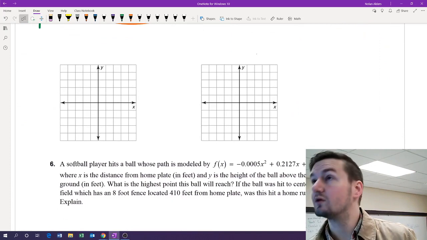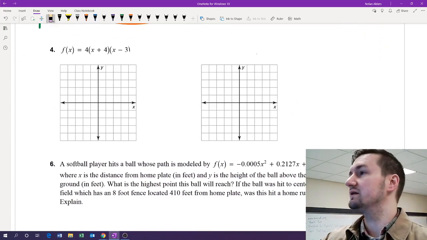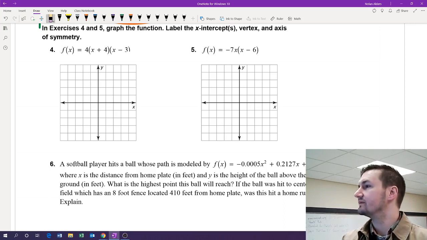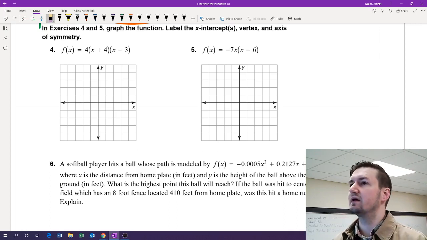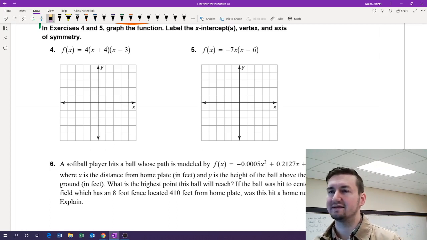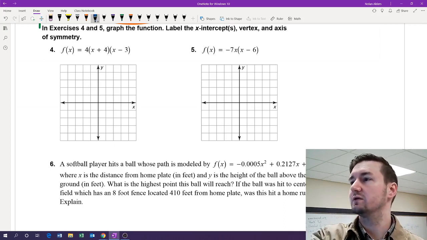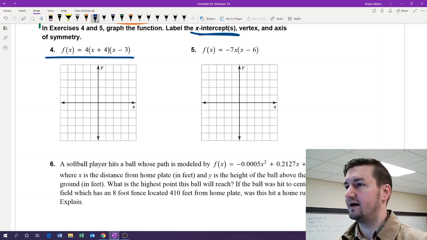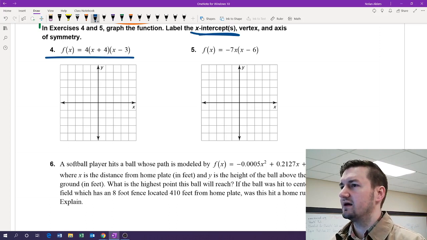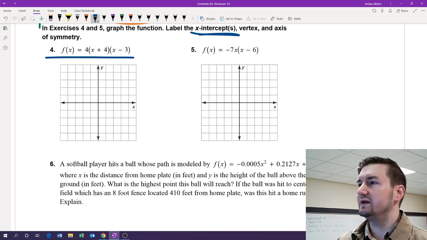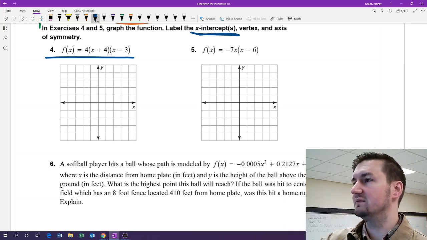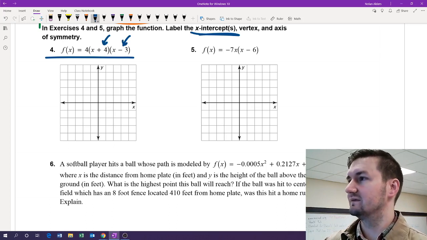I want to show you one more thing before we call it a video. If you have a function written like this example number 4, then we can also figure out what the x-intercepts are for this function. It's really easy. The x-intercepts are just going to be the opposites of these numbers right here.